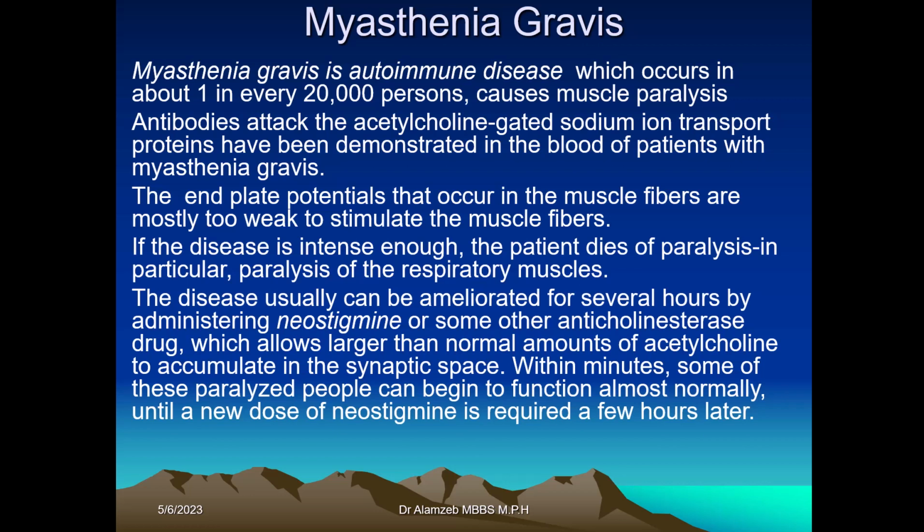So we have fewer receptors for acetylcholine. Acetylcholine is produced from the nerve terminal, but there are not enough receptors on the muscle fiber, so they are not able to produce an action potential in the muscle fiber. When neostigmine is given, it prevents the destruction of acetylcholine.